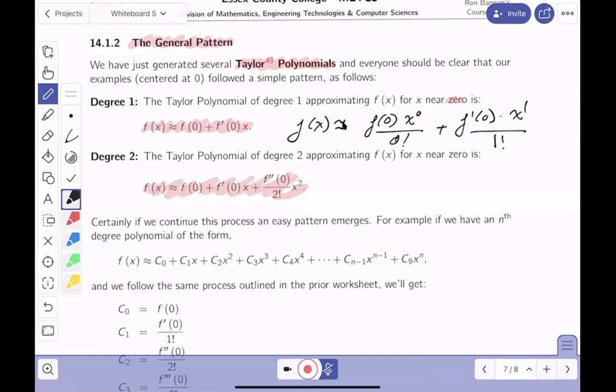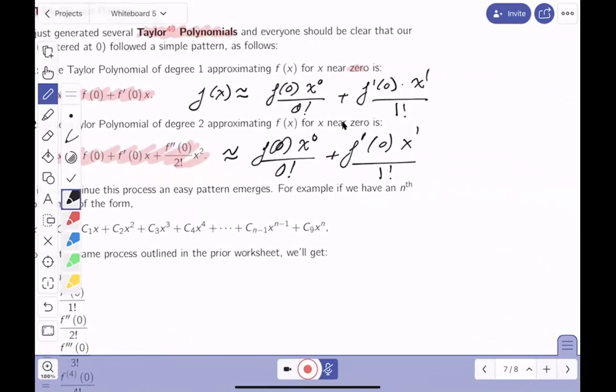And if I were to write this one down over here, I probably would have written it a little differently. I would have written down f of 0, x to the 0 over 0 factorial plus f prime of 0, x to the first power over 1 factorial. And if I keep going, what's the next term going to be? f double prime of 0, x squared over 2 factorial.